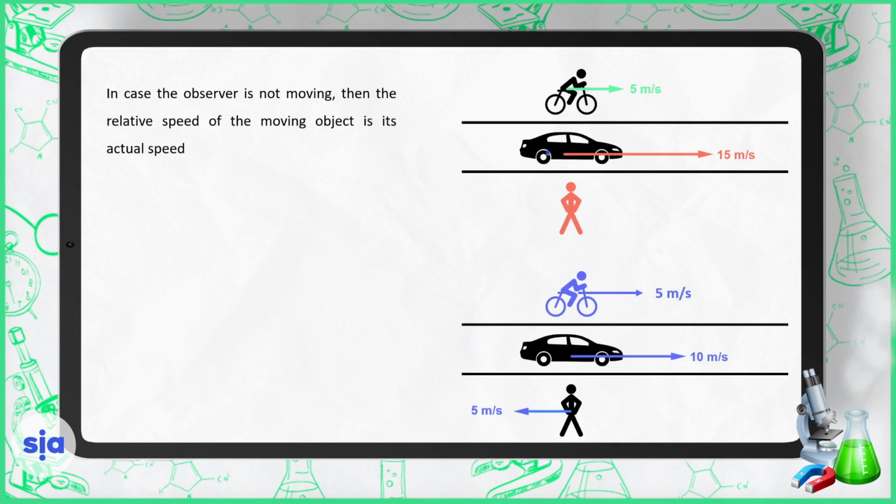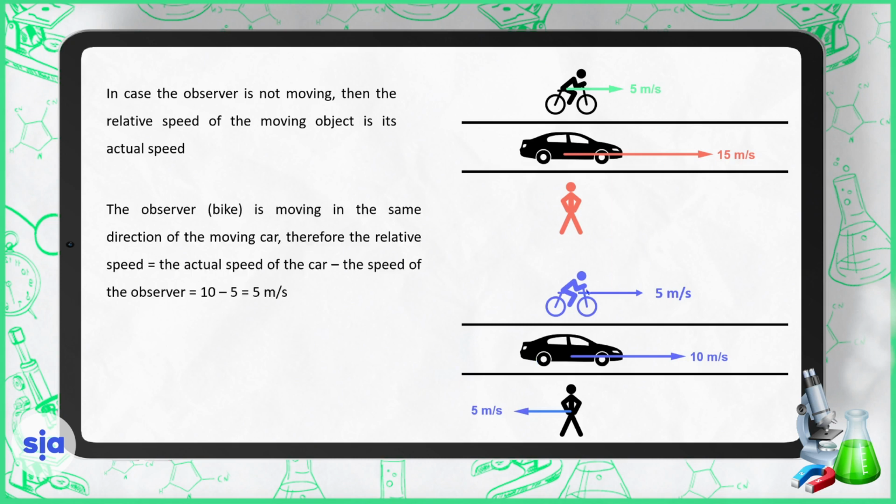This boy will talk about this car that he saw moving at 15 meters per second, or he saw another boy riding a bike moving with speed 5 meters per second. The relative speeds are the actual speeds of the objects.